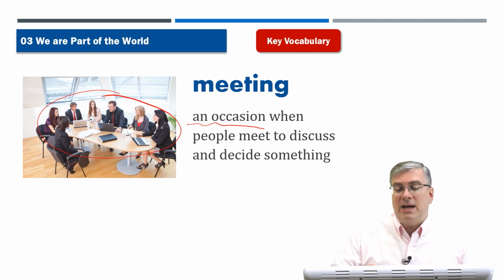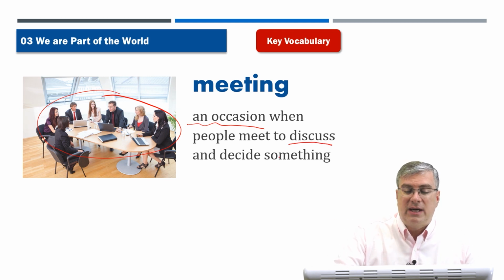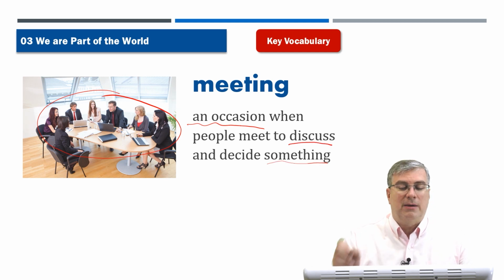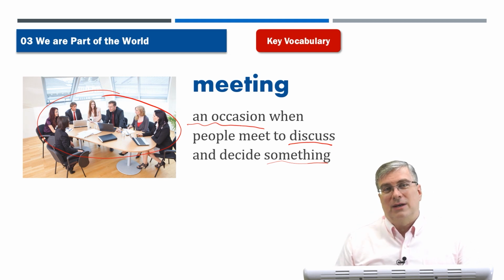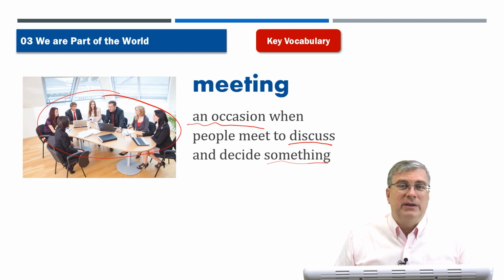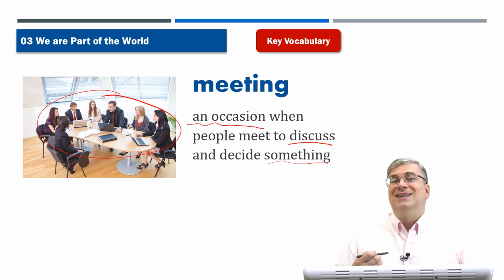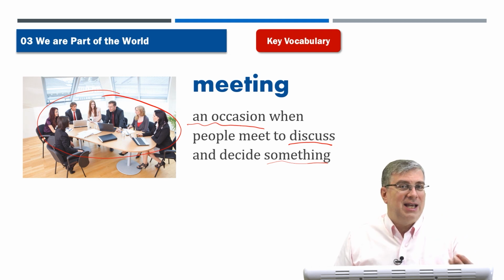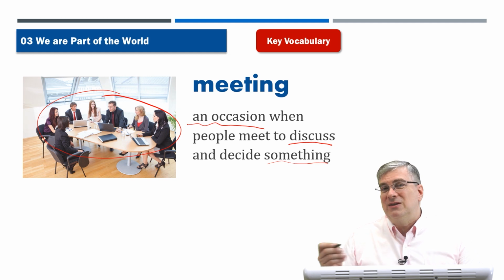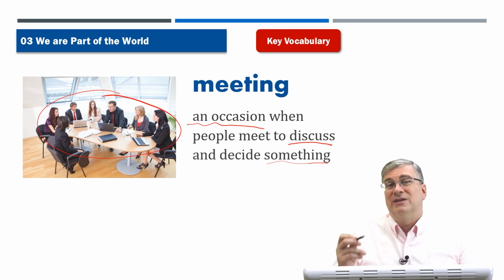And why do they get together? Because they want to discuss an issue. They want to discuss something. And usually they come to a decision. Not always, but usually they try to come to a decision. They try to decide something. So decide is a verb, decision is a noun. So we want to discuss something in order to make a decision or in order to decide something, a course of action.